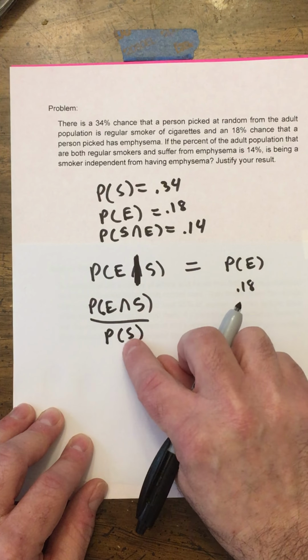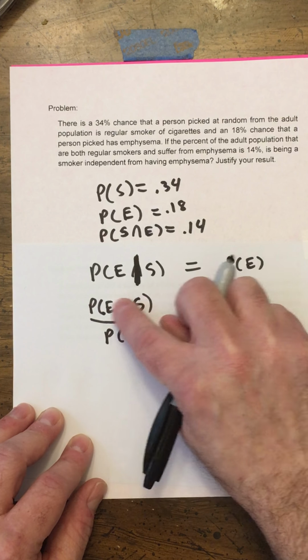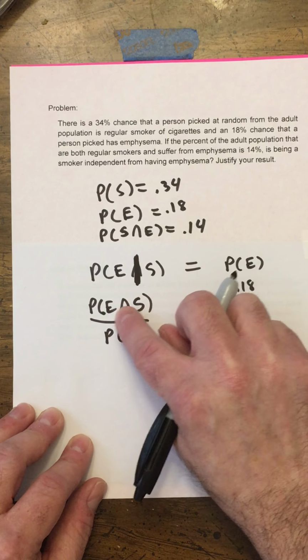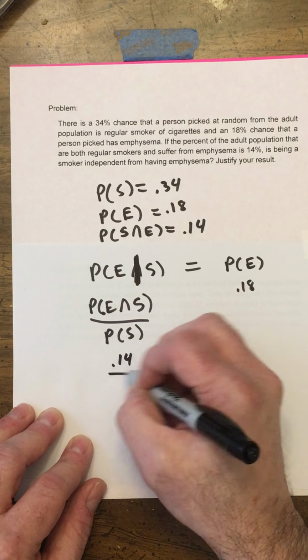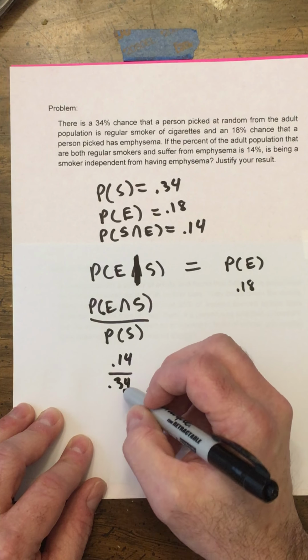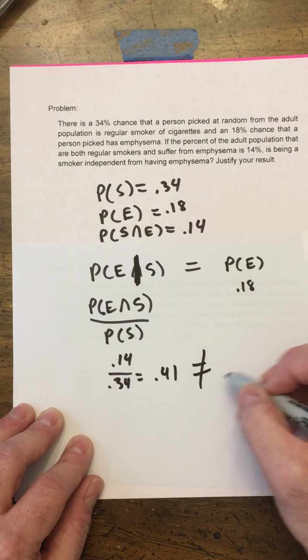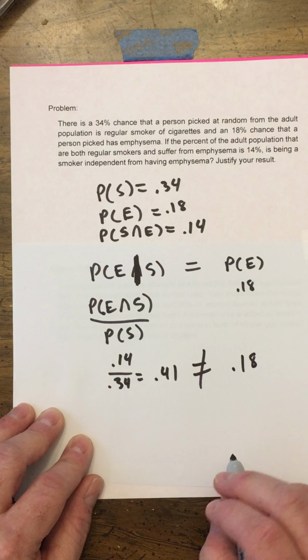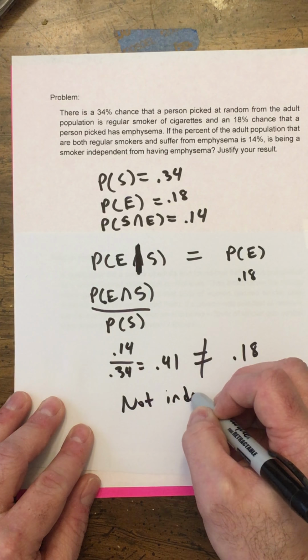This probability of the two things happening at the same time is 0.14. This probability we know is 0.34, and that equals 0.41. That is not equal to 0.18, so these events are not independent.